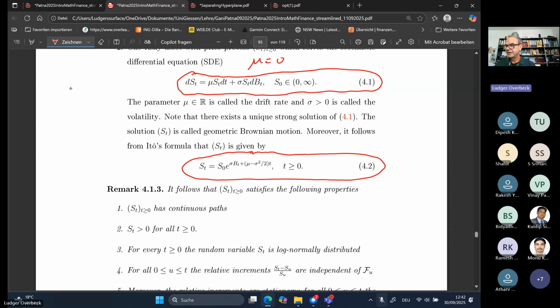What's written here is dS_t equals sigma S_t dB_t. So what you would expect in standard calculus is just e to sigma B_t. But that's wrong. That's not standard calculus, that's stochastic calculus. It's important to note this because even if mu equals 0, you have this correction term. And that's based on Ito's formula.